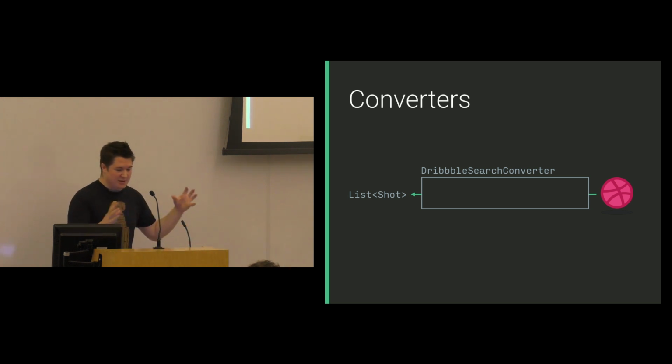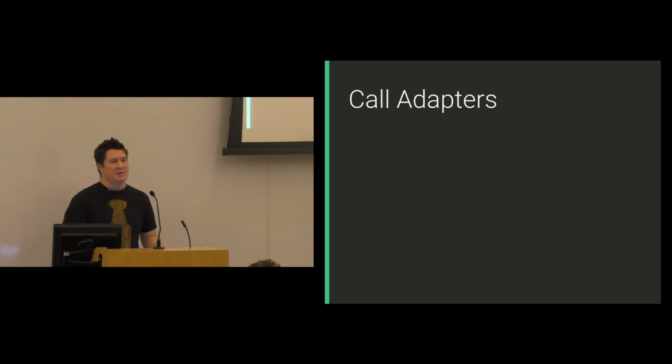But you've essentially turned it into this black box where you still get the nice types, even though you're talking HTML and pulling out these weird pieces of data. So it's just kind of another clever use that you might not think of to use Retrofit for. OK, so that's converters.